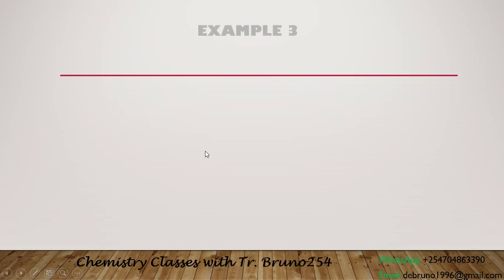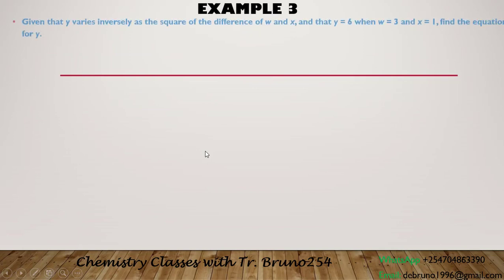Our example is on inverse variation. Given that y varies inversely as the square of the difference of w and x, and that y is equal to 6, while w equals 2 and x is 1, find the equation for y. That's simple.